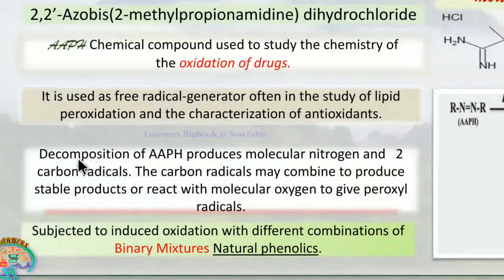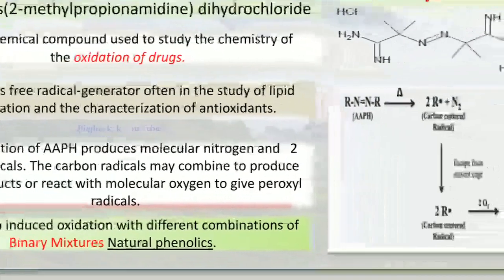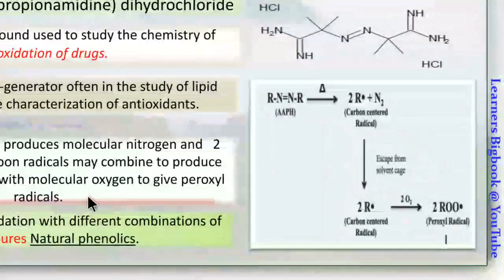So here, the AAPH, when it is decomposed, produces molecular nitrogen and two carbon radicals. The carbon radicals may combine to produce stable products or react with molecular oxygen to give peroxyl radical. Now here, we can understand this. Here, this is the AAPH.